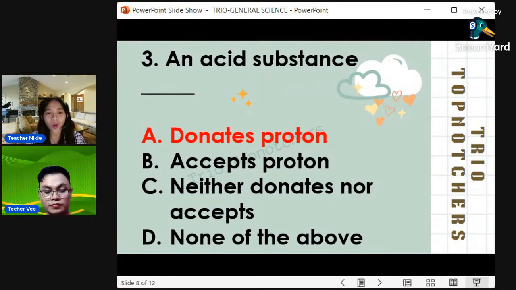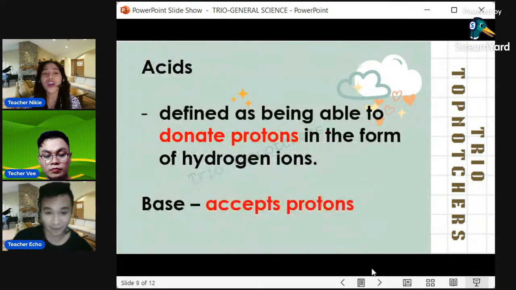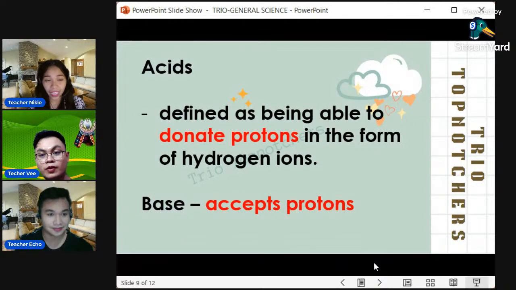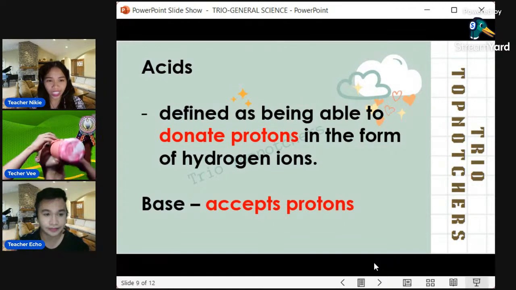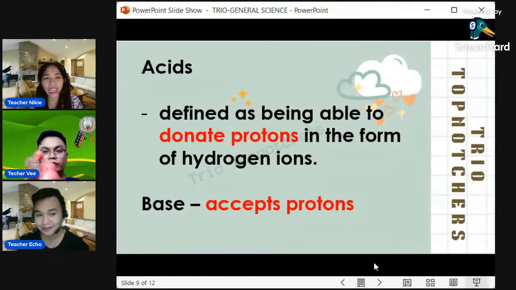Okay, so, sino yun? Ang nag-a-accept. Okay, alright. Ang nag-a-accept ay yung, tingnan nga natin kung alam ba nila. O, meron nang sumagot, no? Nag-a-accept ng proton ay yung base. Okay? Again po, base accepts protons. Okay, so please remember that. So, ano ba yung tinatandaan ni Teacher Nikki para hindi na makalimot dito?